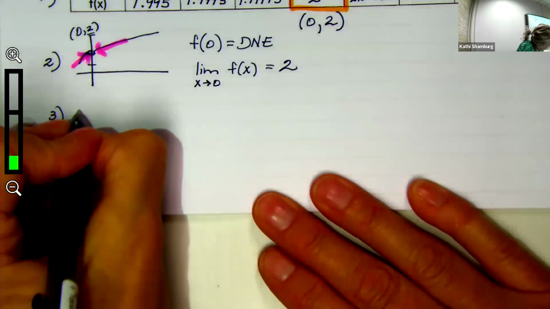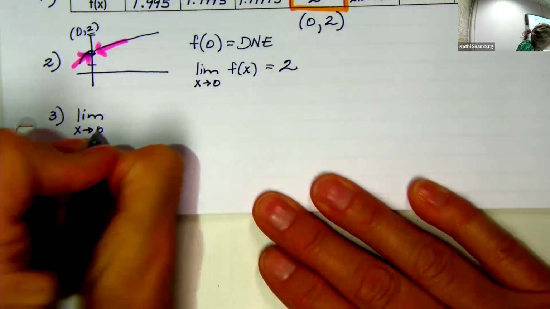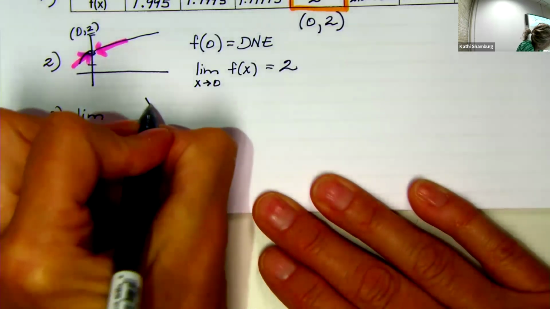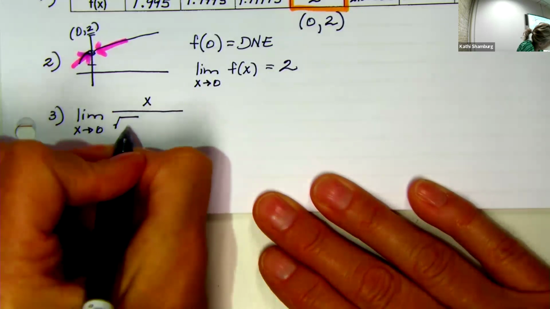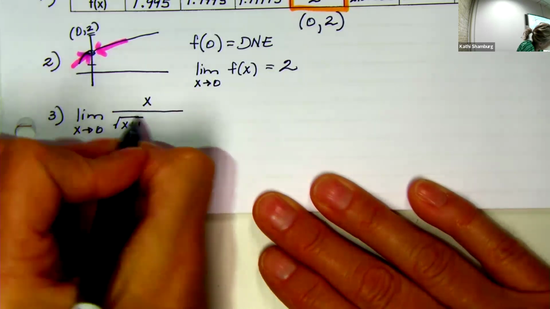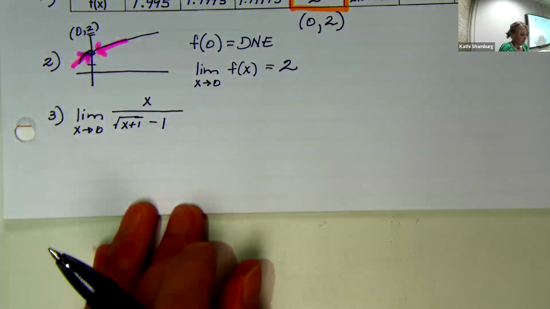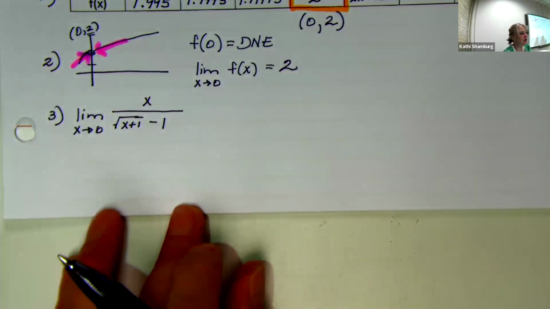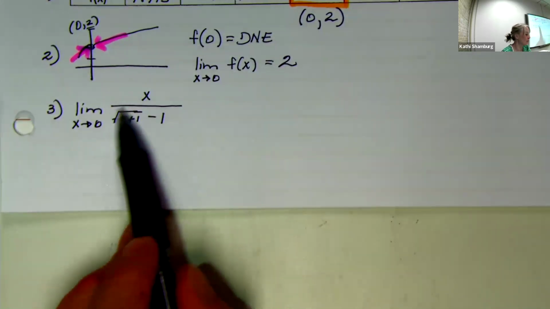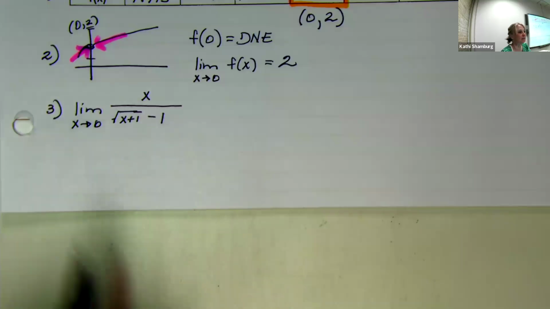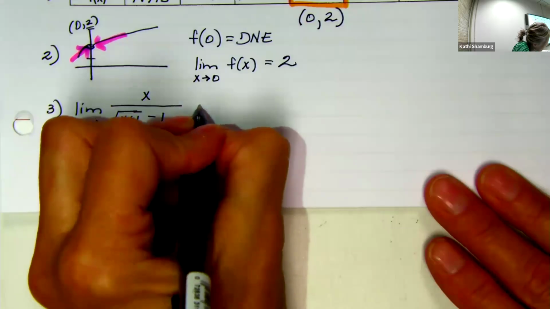We have the limit as x approaches 0 of x over the square root of x plus 1 minus 1. We don't want that radical in the denominator. We need to rationalize it, but it's also part of a binomial with this minus 1. Does anybody remember how we rationalize that?